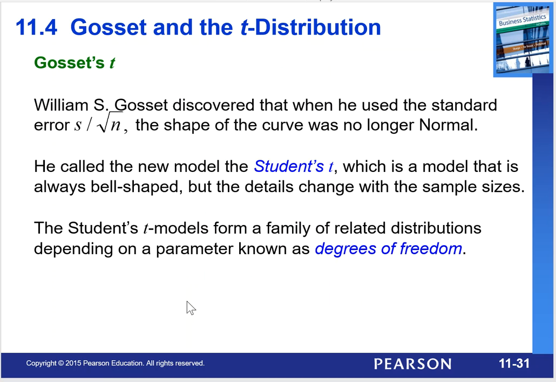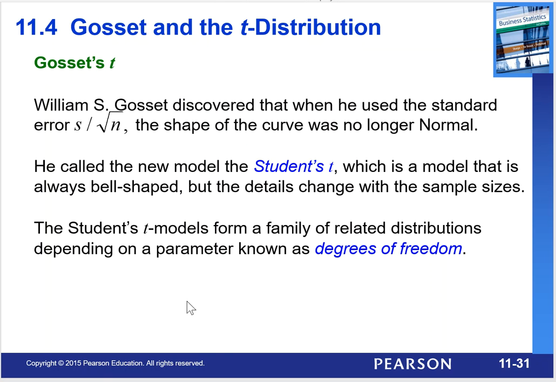The first person to investigate this was William S. Gossett. I'll say more about him in a minute. But he noticed that when you end up using the standard error, often your shape no longer looks normal. So he created this new model called the Student t-distribution, which is a model that has a bell shape, but it also has what we call fat tails.